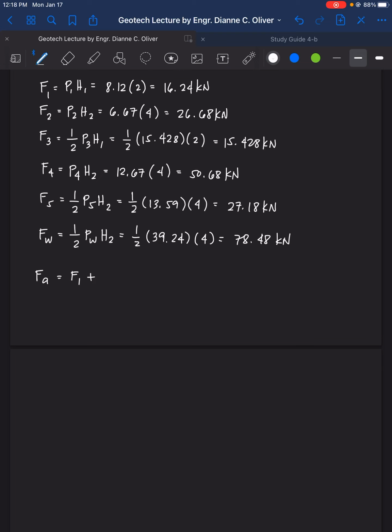Now, the total for these forces, F active. Summation of forces positive to the left, we have F1 plus F2 plus F3 plus F4 plus F5 plus F of water.